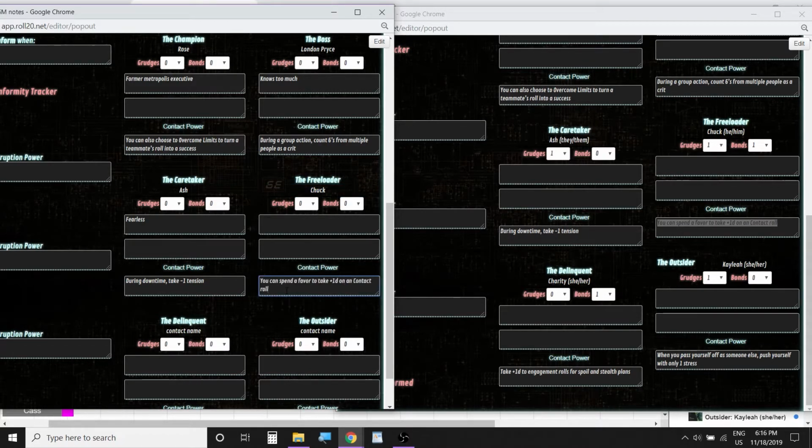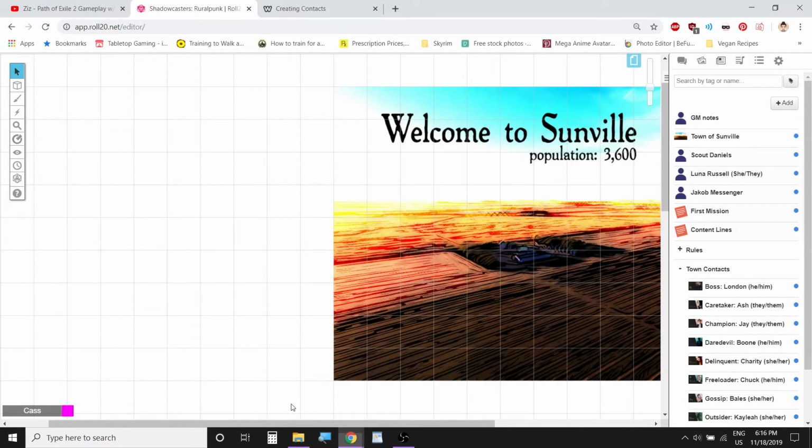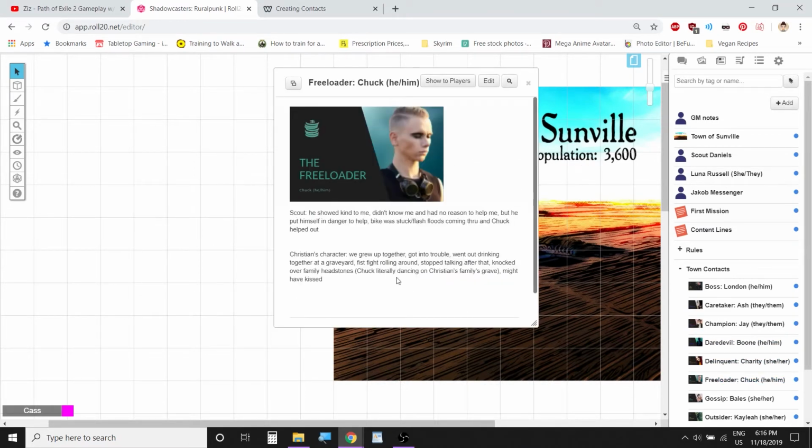So now we've got the freeloader, Chuck. And Chuck has a lot of history with the team. Let me take a look at that real quick to remember what Chuck's history is. So, we know that Scout has a positive relationship with Chuck. Chuck helped Scout out one time when he didn't need to, and pulled him out of danger from some flash floods.